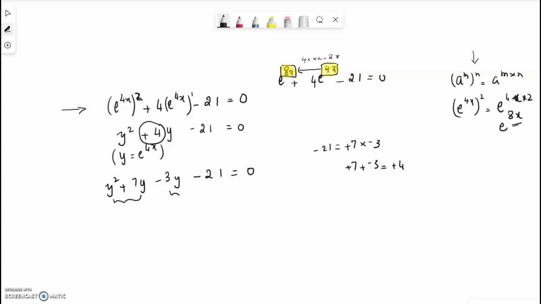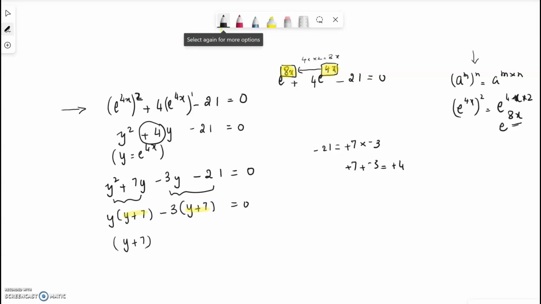Factor by grouping. y is a common factor, so y times (y plus 7), minus 3 times (y plus 7) equals 0. y plus 7 is a common factor between these two terms, and we factor that out to get (y plus 7)(y minus 3) equals 0.